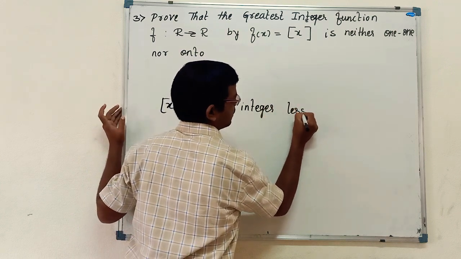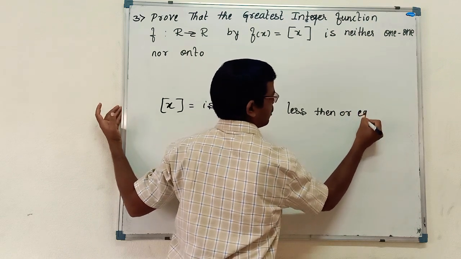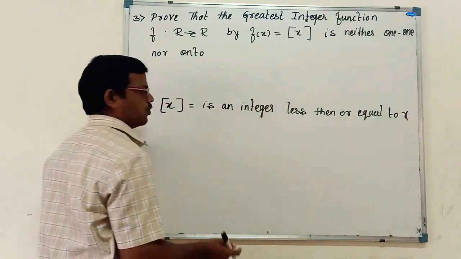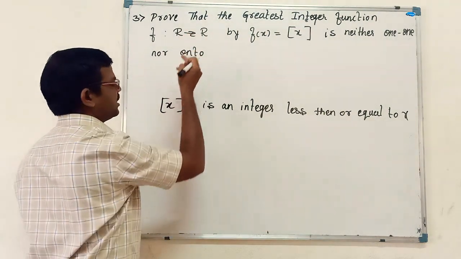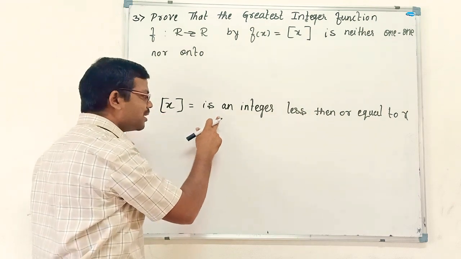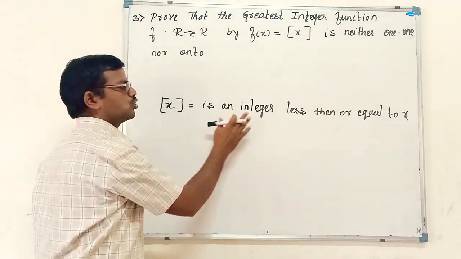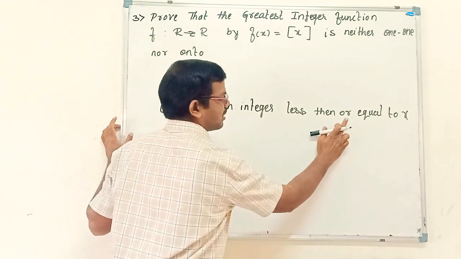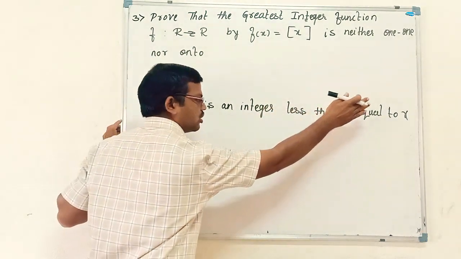If we take any real number, because the domain is the real numbers, its image is an integer, and that integer must be less than or equal to x.